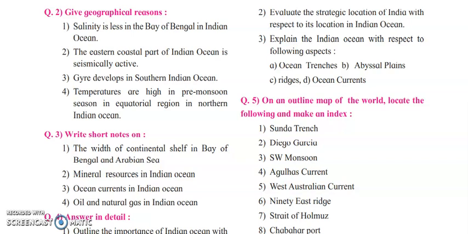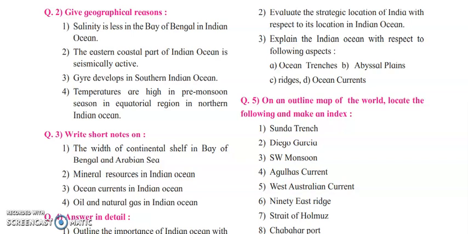The abyssal plains are very rich in manganese polymetallic nodules like nickel, copper, cobalt. Because of that, the mineral resources are tremendous and bring great economic value to the nearby countries.